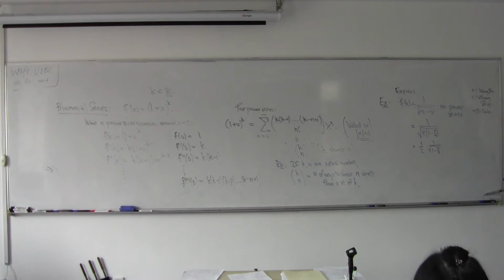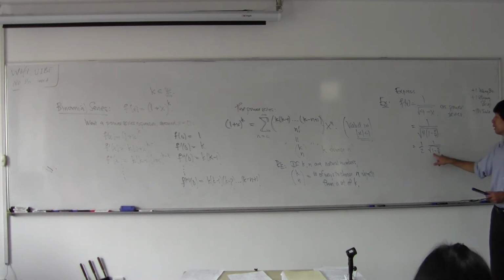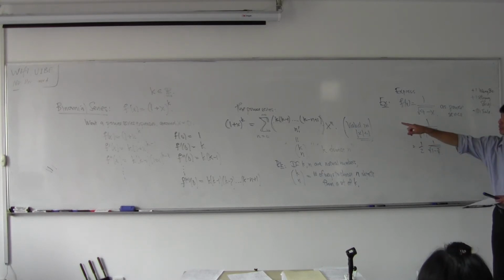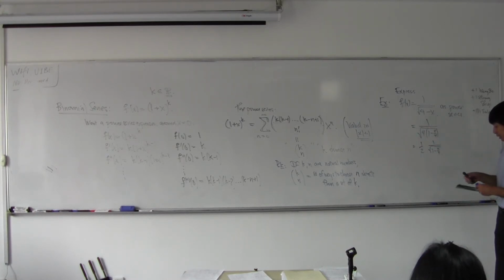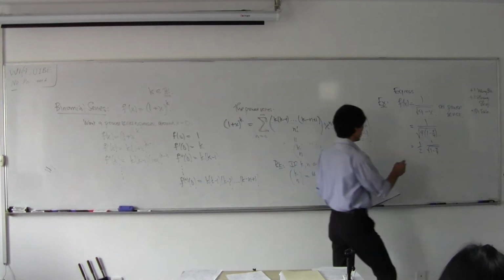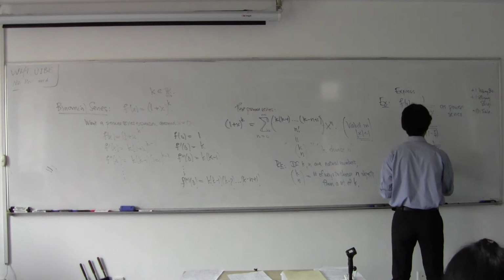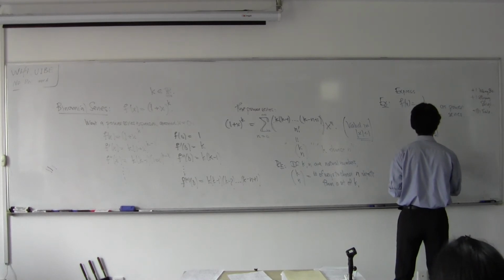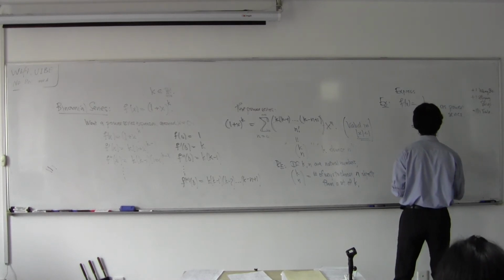Okay. But now you see, here is the binomial thing here, right? This is 1/2 times (1 minus x over 4) to the negative 1/2.